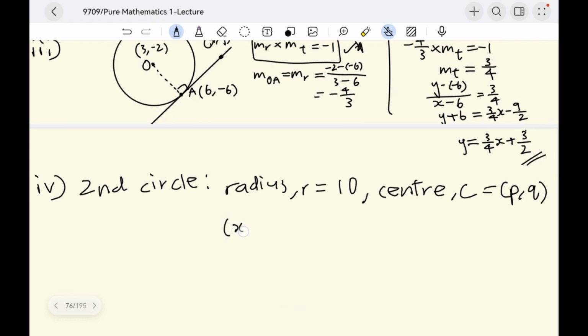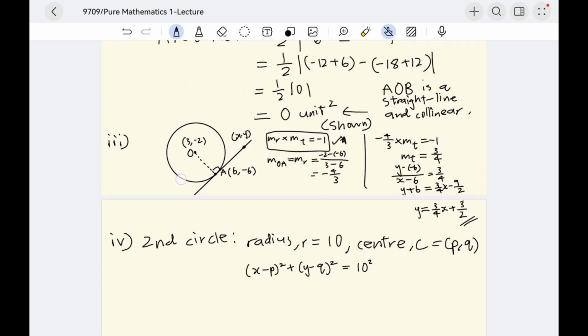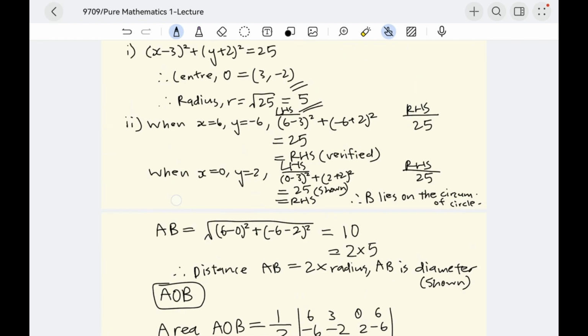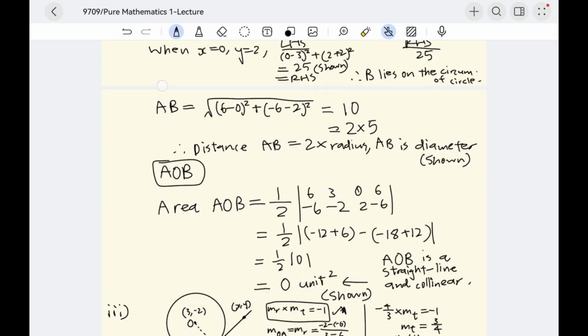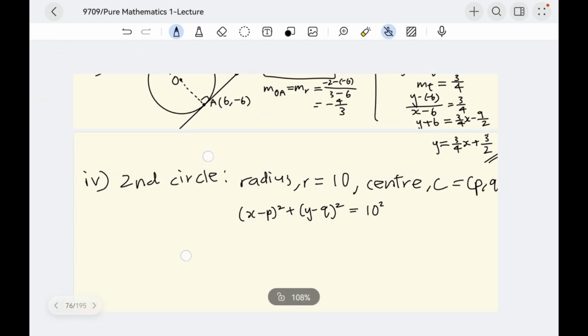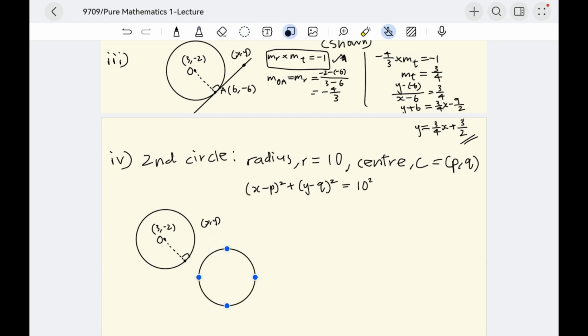Generally I have x minus p squared plus y minus q squared equals 10 squared, using the standard form of the equation of a circle, but for this second particular circle. Okay, let's copy down this graph. Now I have the second circle.